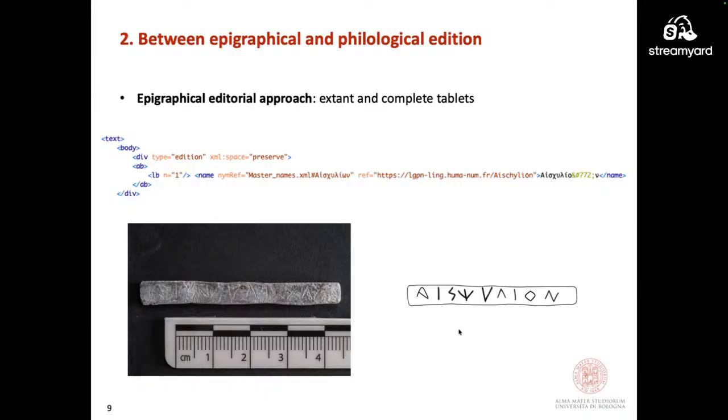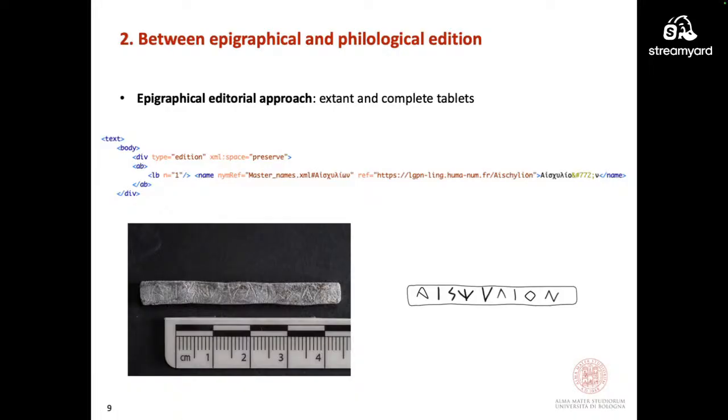Here, for example, you can see a case where the tablet is still very easily legible. And so the edition is not very complicated, using, for example, TEI XML encoding.